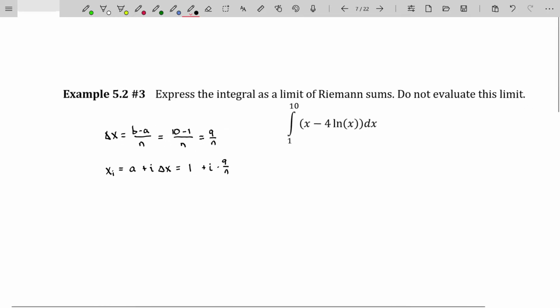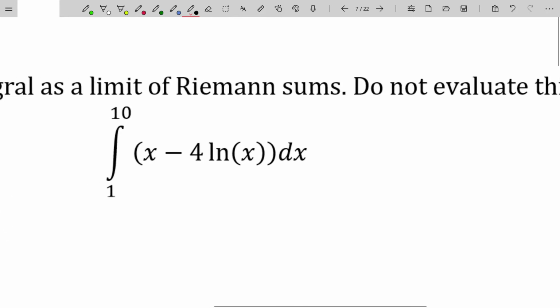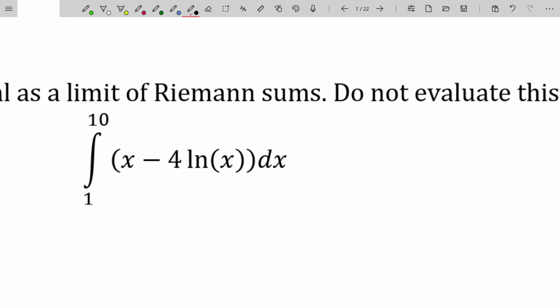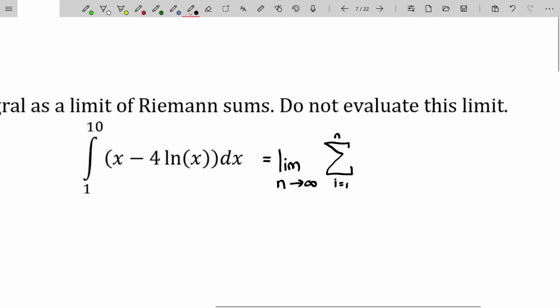So if I want to rewrite this statement as the limit of a Riemann sum, that's the limit as the number of slices goes towards infinity of the Riemann sum. And the Riemann sum is I equals 1 to n of f of x sub I times delta x. But now I can't leave it just like that because I know what x sub I is.